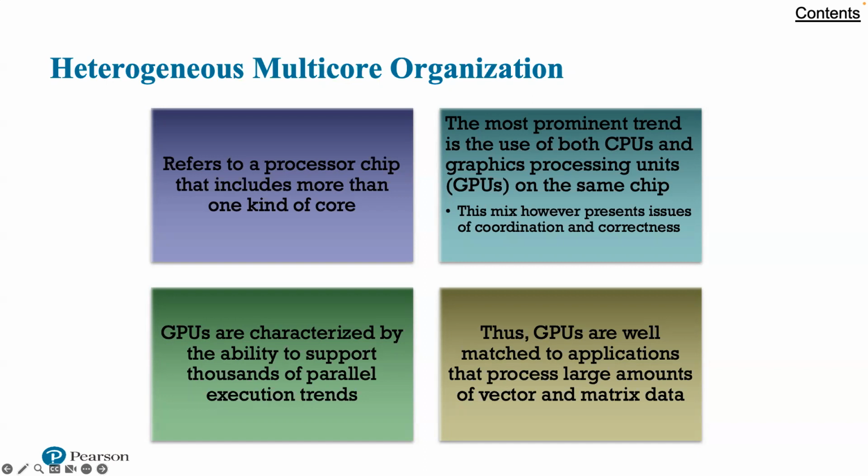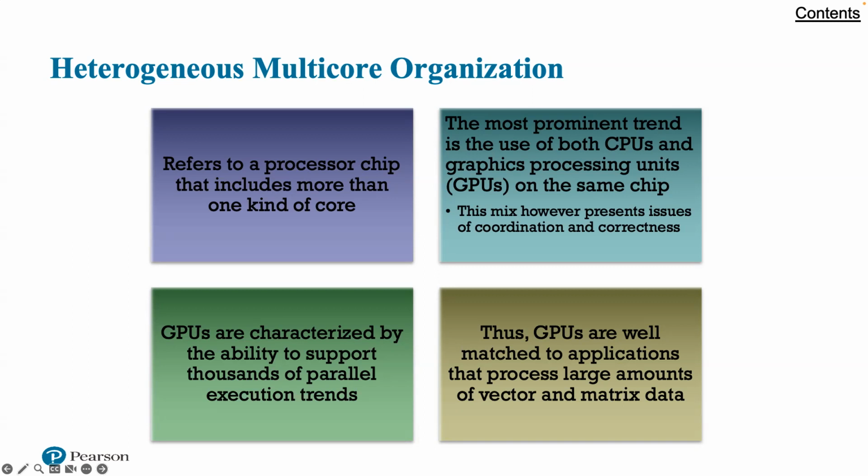The approach that has received the most industry attention is the use of cores that have distinct ISAs. Typically, this involves mixing conventional cores, referred to in this context as CPUs, with specialized cores optimized for certain types of data or applications. Most often, the additional cores are optimized to deal with vector and matrix data processing.